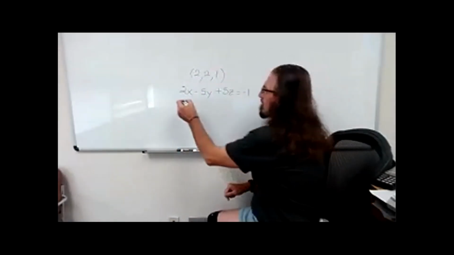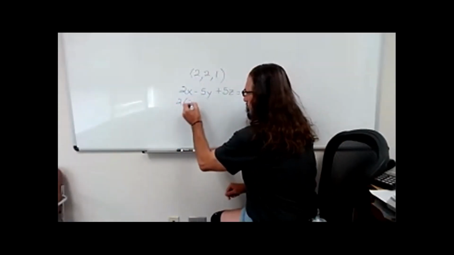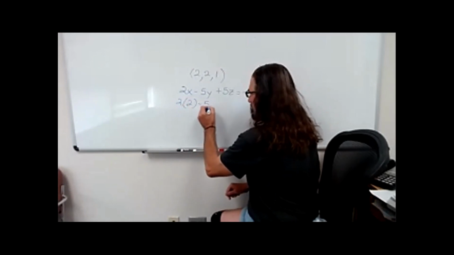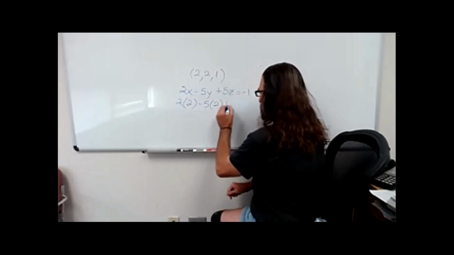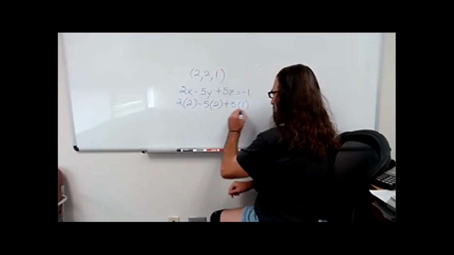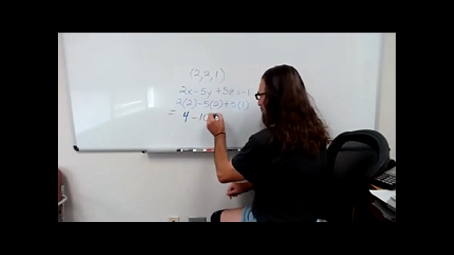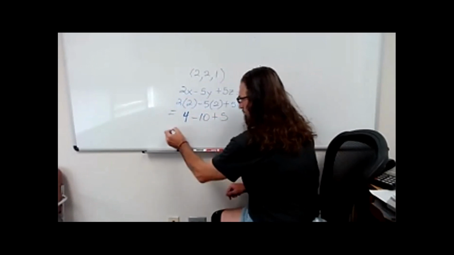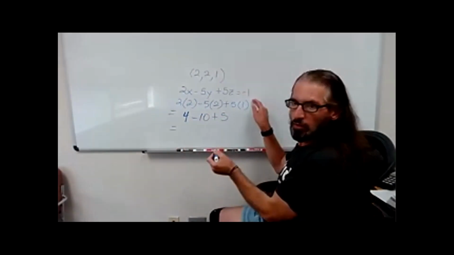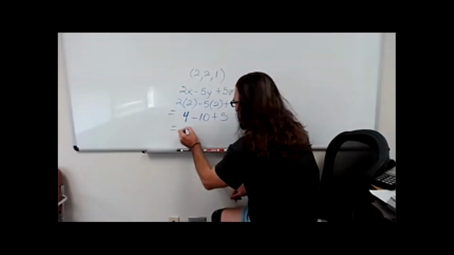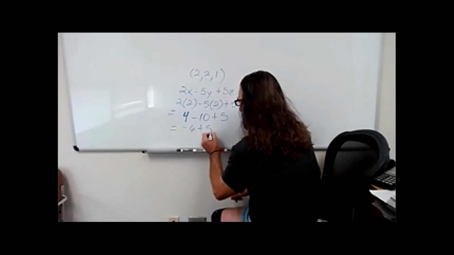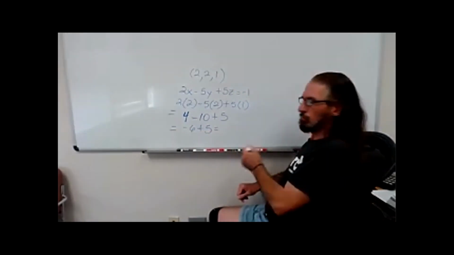Plugging in for x, y, and z respectively, multiplying before we add or subtract. We're supposed to get a -1 on the left-hand side, and we do.